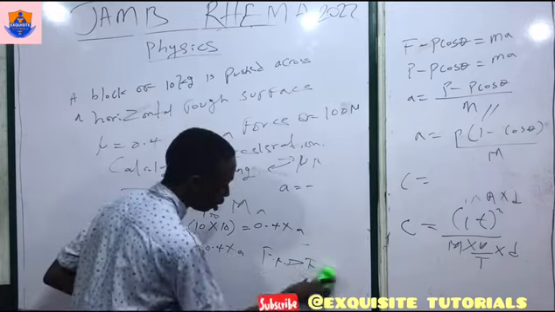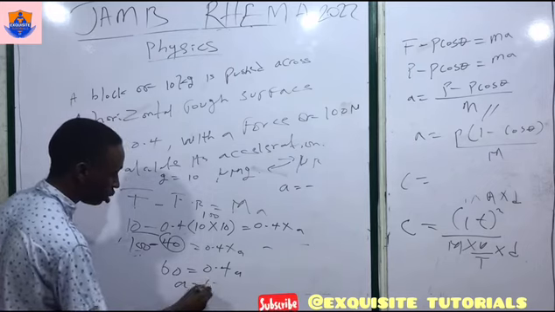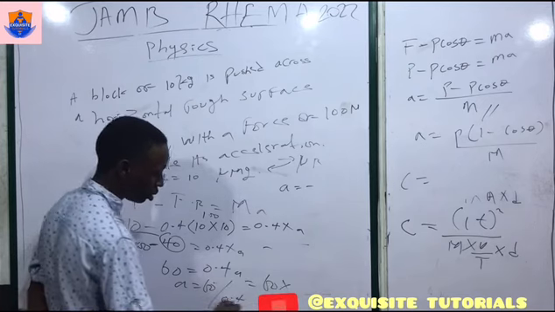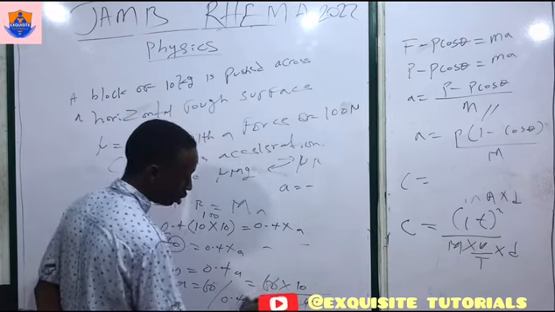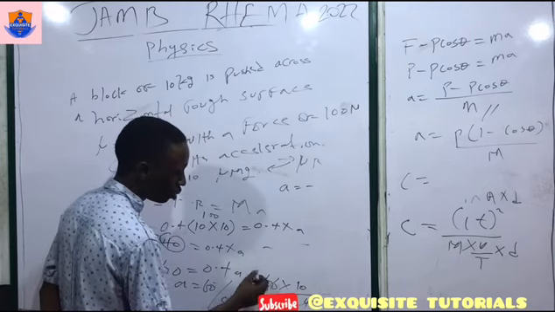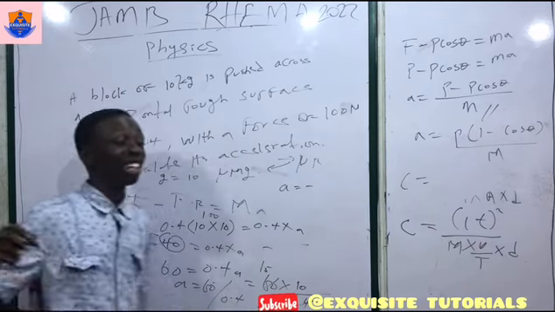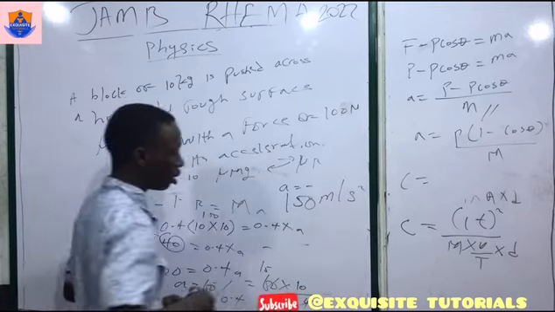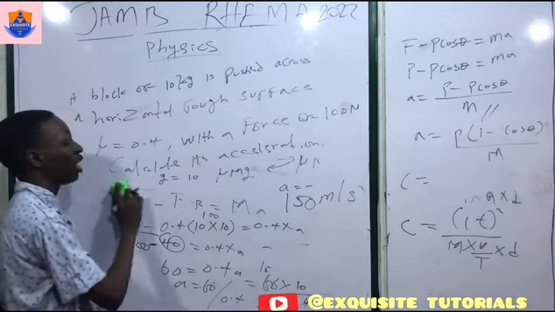Then 60 is equal to 0.4a, so a is 60 divided by 0.4, which is 60 times 10 over 4, giving 150 meter per second square. You can see the acceleration is very large, but it's actually possible.